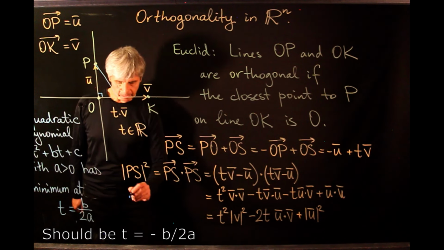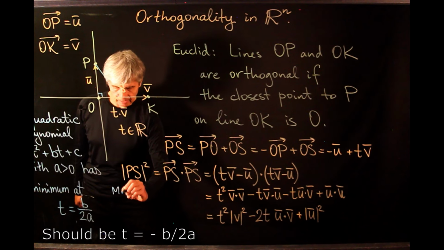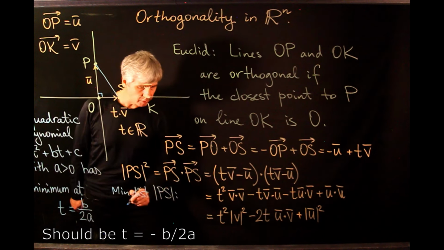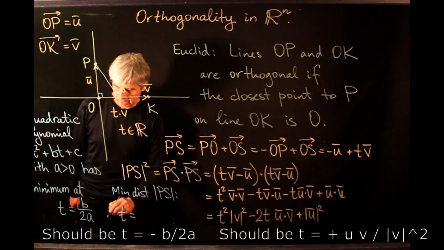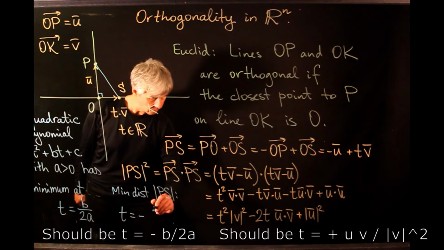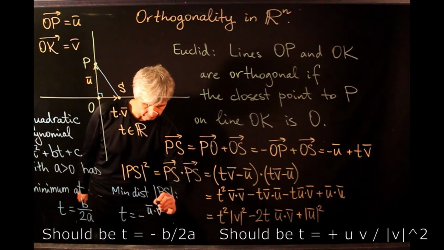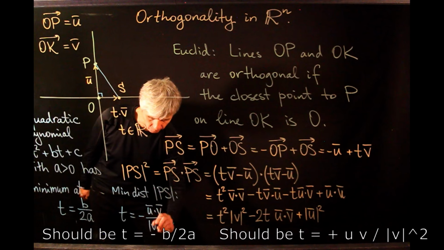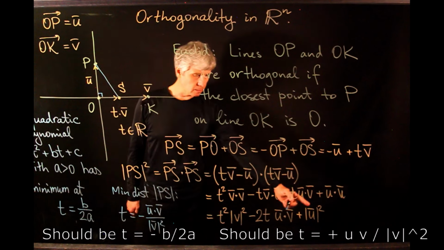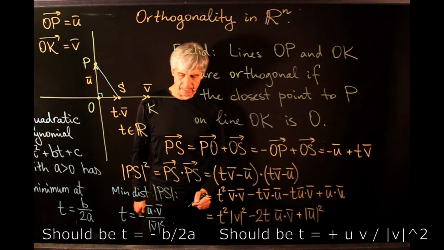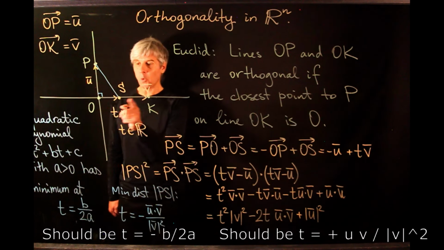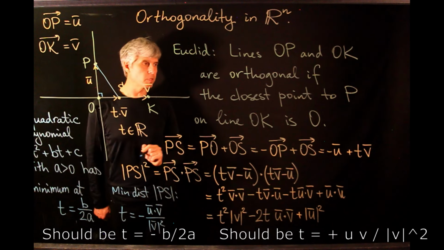So what we see is that we have the minimum distance PS for the following value of T. According to this formula, it's T equals minus U dot V over length of V squared. So for this value of T, this quadratic polynomial has the minimum, and hence this value of T will give the closest point on the line OK to the point P.